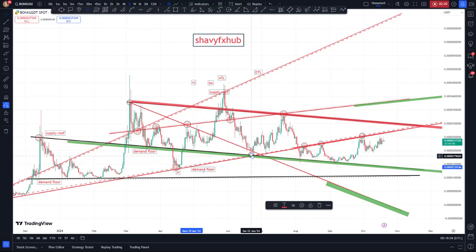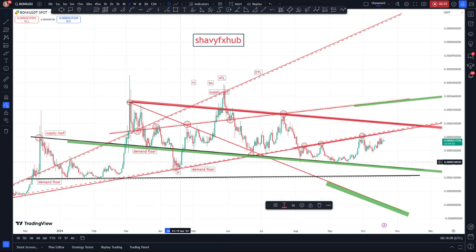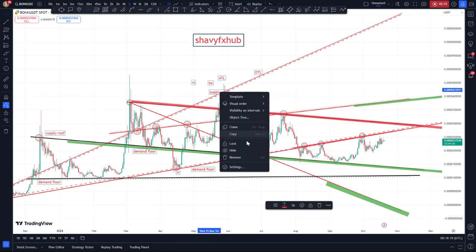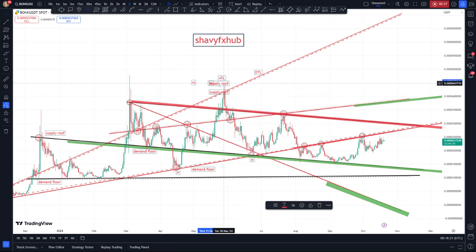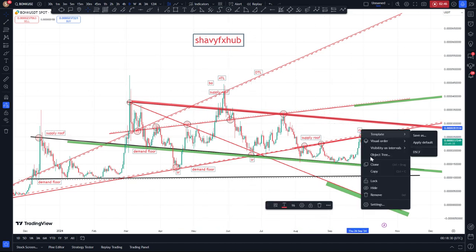When price returned again, it respected the structure, an ascending trend line, and also a demand floor, until we broke the structure and went in for a retest, returning buyers to supply. So here now remains supply, as resistance becomes support on break of structure.